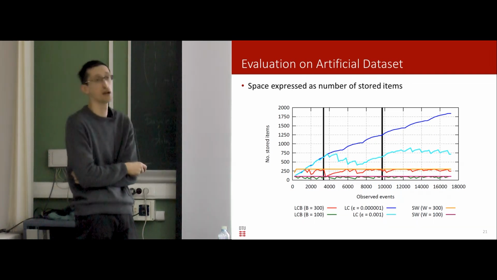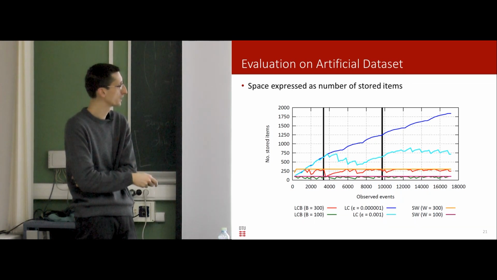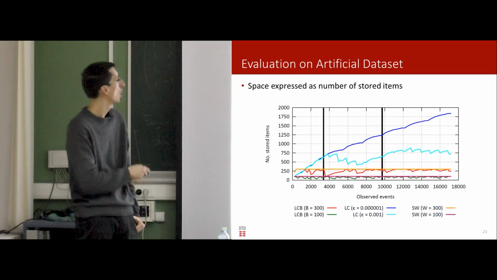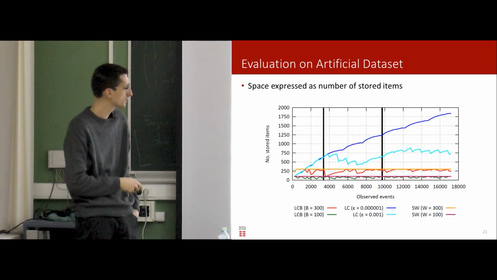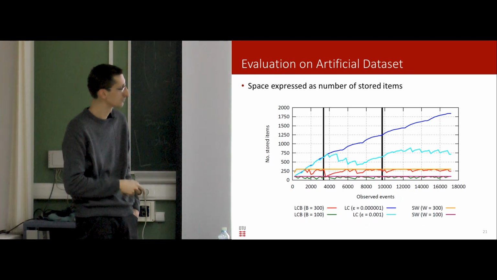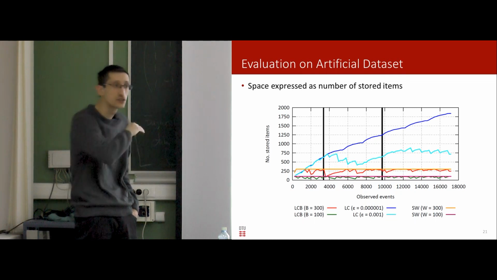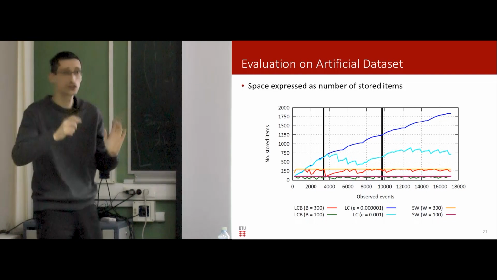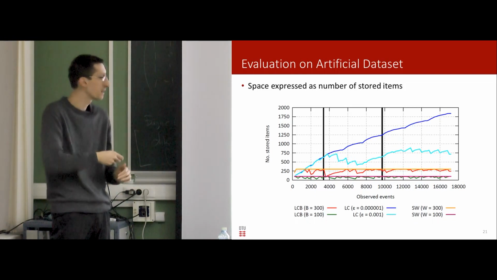This is the memory usage. Here again on the x-axis we have the number of events, so it represents a bit our timeline. On the y-axis we have the number of elements that are stored. Let's start again with the sliding window, with window 300 and 100. Those are, of course, flat, because they're keeping just that specific amount of elements in memory, except for the beginning, when they have to fill the memory.